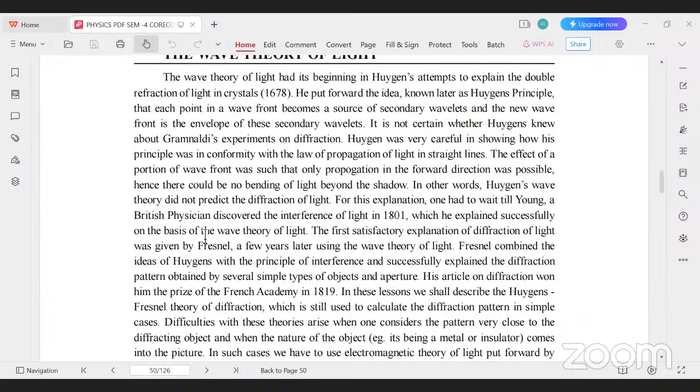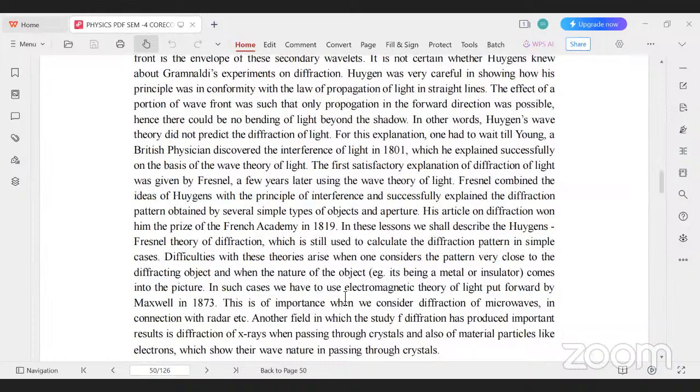A few years later, using the wave theory of light, Fresnel combined the ideas of Huygens with the principle of interference and successfully explained the diffraction pattern obtained by several simple types of objects and apertures. His article on diffraction won him the prize of the French Academy. In this lesson, we shall describe the Huygens theory of diffraction.